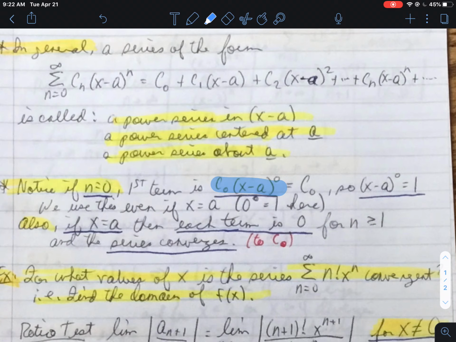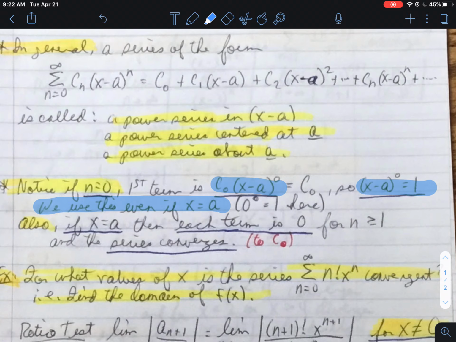So 1 times c sub 0 is c sub 0. So we're taking x minus a to the 0 to have a value of 1, even if x equals a, in this case. Because if x equals a, then x minus a would be 0 as well.